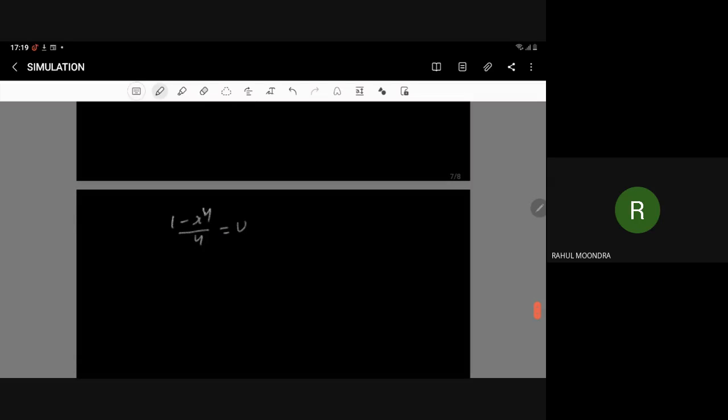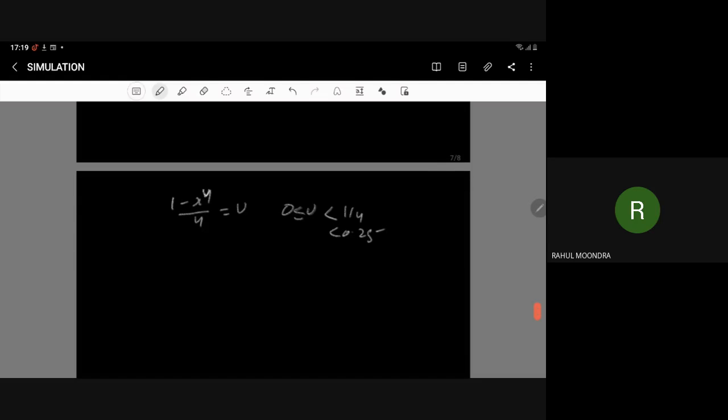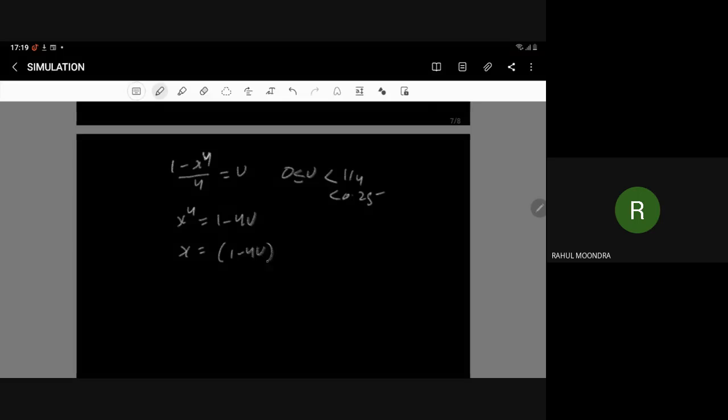Where u lies between 0 and 1 by 4, or you can say 0.25. So x to power 4 will become 1 minus 4u. So x is equal to 1 minus 4u to the power 1 by 4.